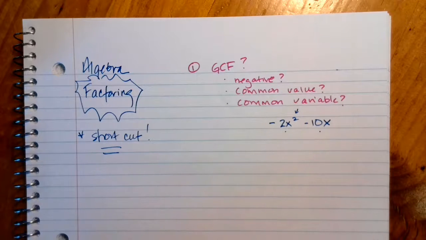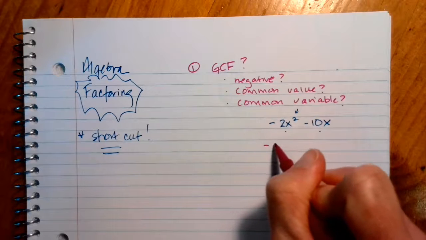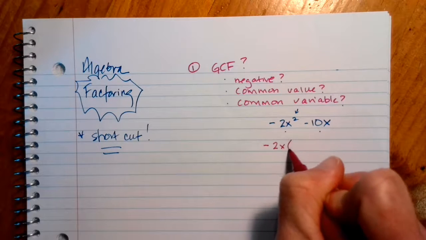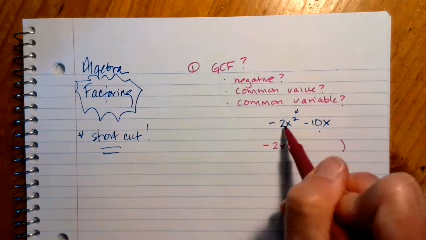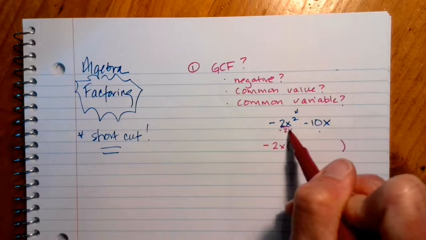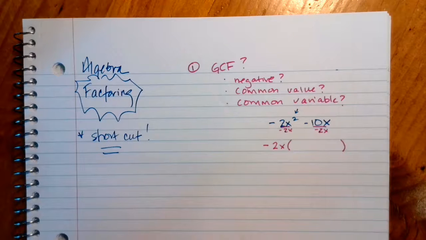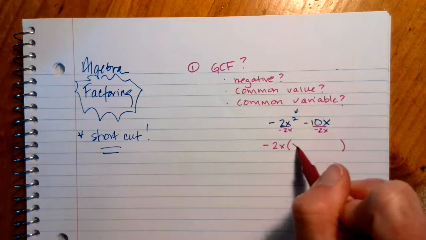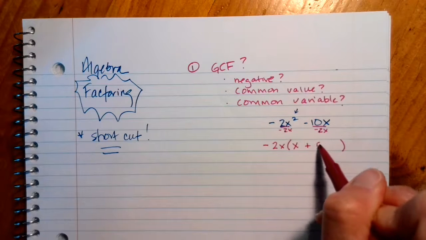And this one has each of those considerations above. So when I think about the GCF, I think about what value I can take out of each term. A negative 2x can come out of each of these terms, leaving me with an x and a plus 5.